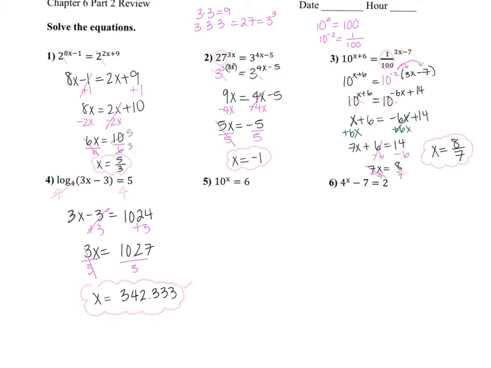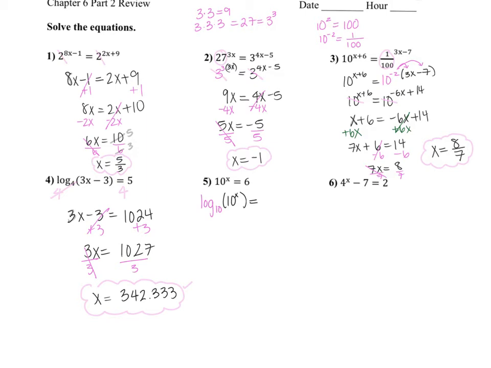So logs help you get rid of a base. My problem is that x is right here as the exponent. I want to get rid of this base 10. To do that, all I need to do is write a log base 10 in front of the 10^x. I'm literally just putting a log base 10 in front of this 10^x, and I bring it down. When I do that, this goes inside the log in its own parentheses.